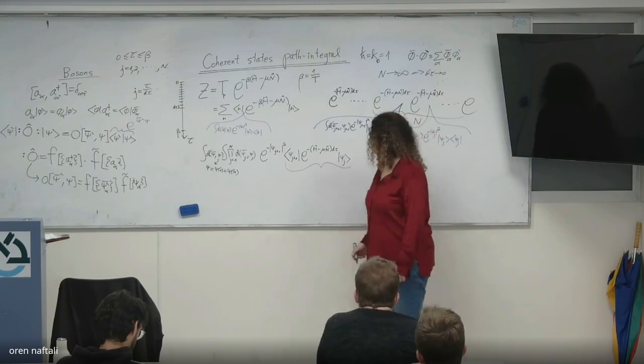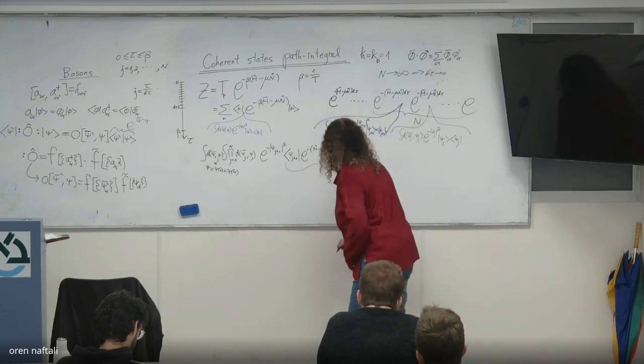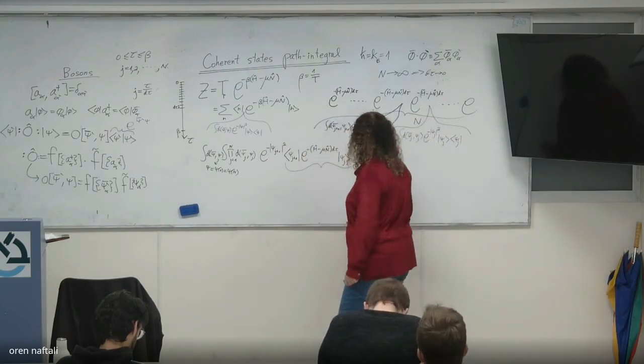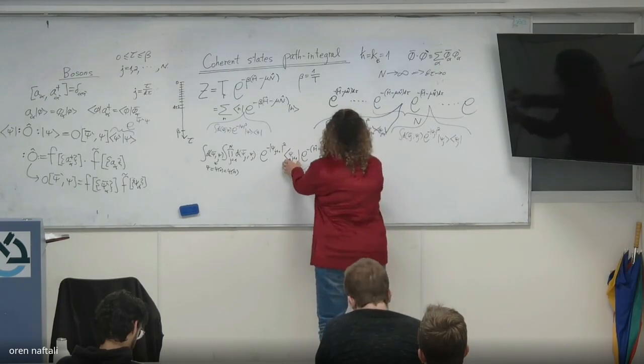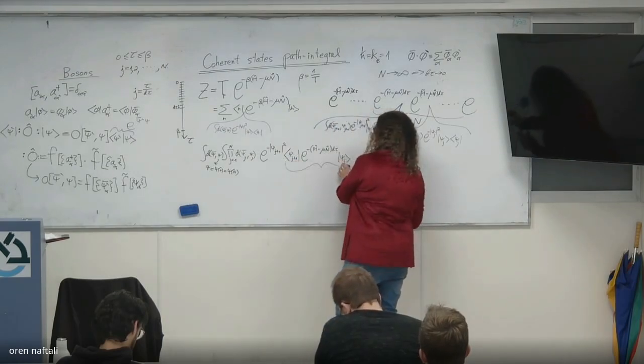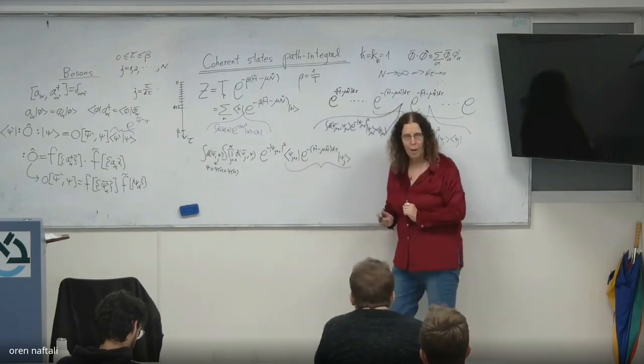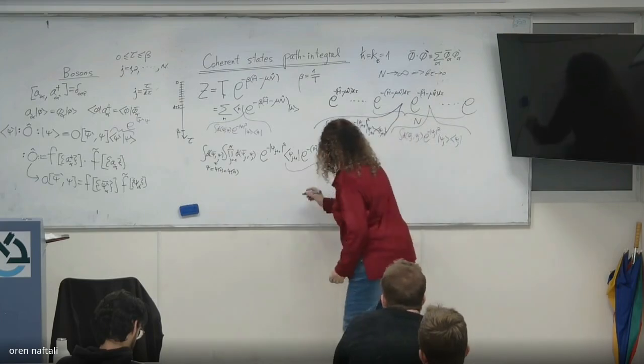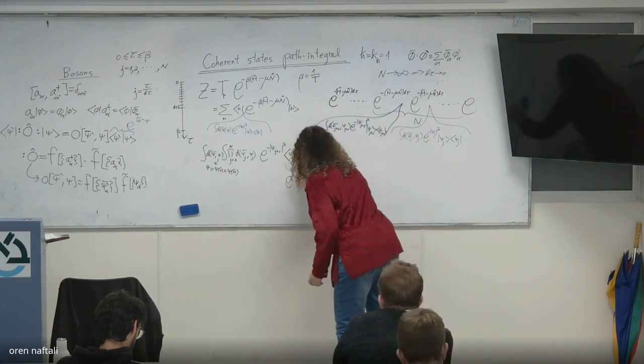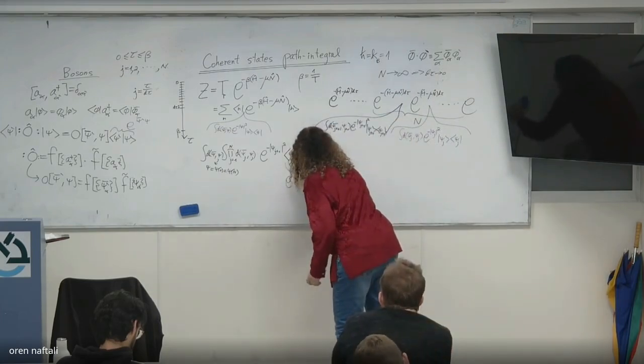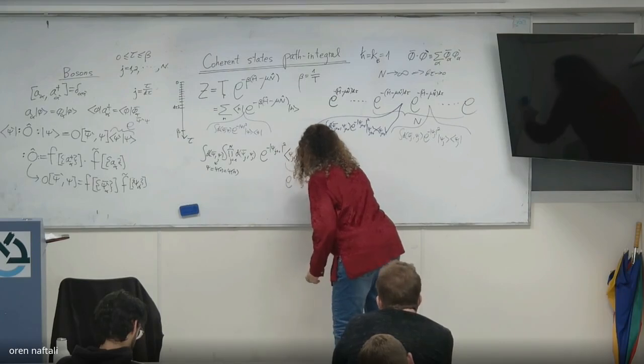Okay? So what I'm getting from it is, first, this inner product of psi j and psi j plus 1, which is e to the psi j plus 1 bar psi j, okay?